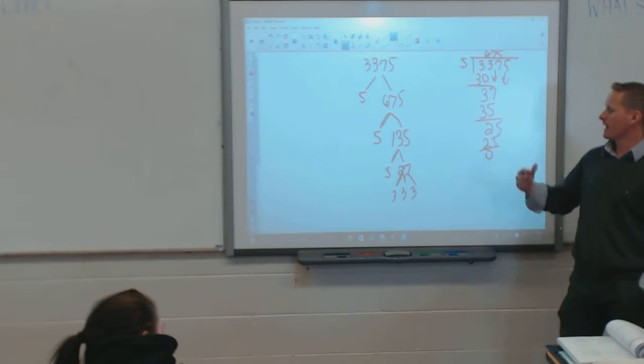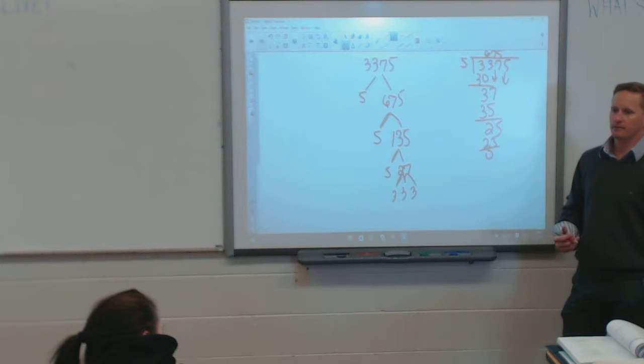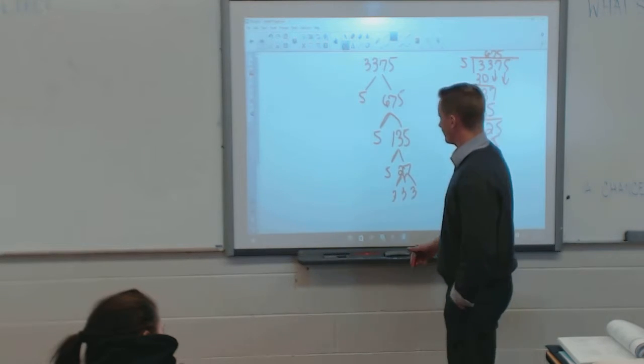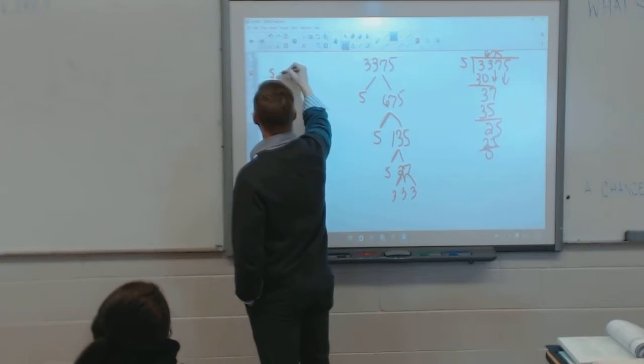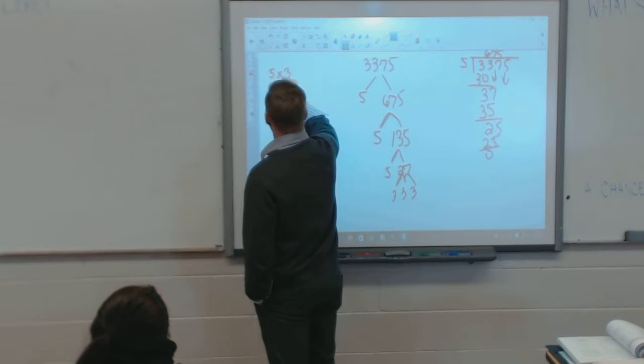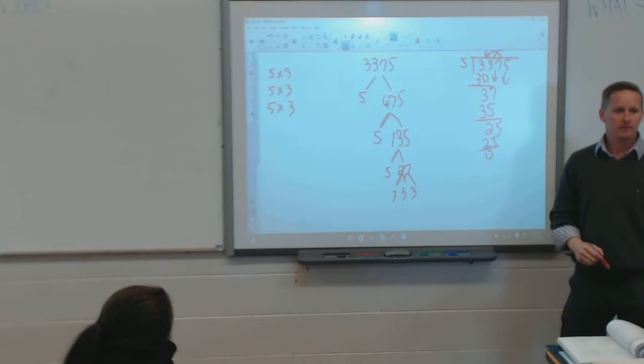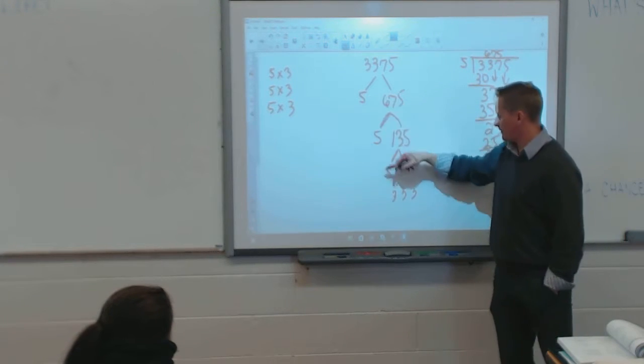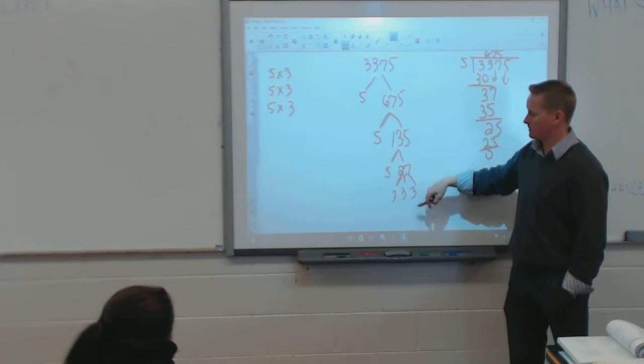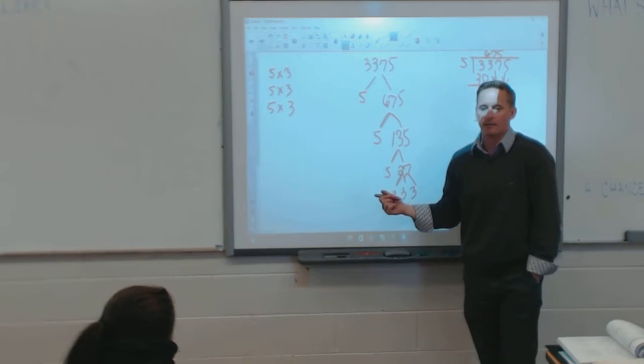Okay, so the first thing I ask you, is this a perfect square? No. Not really sure how to tell, right? Well, here's what I have. Let me just write this right here. 5 by 3, 5 by 3, and 5 by 3. And they're all multiplied together, right? I can write it any way I want.